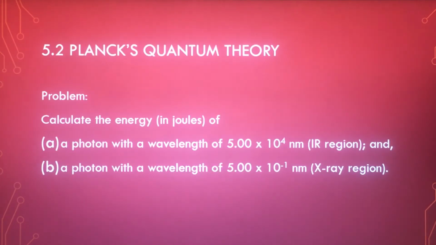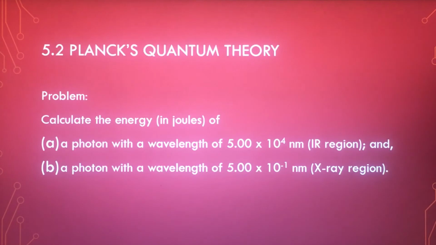Okay, so let's have some problems from Planck's quantum theory. Calculate the energy, and take note that energy is in joules, of a photon from the IR region and a photon from the X-ray region.